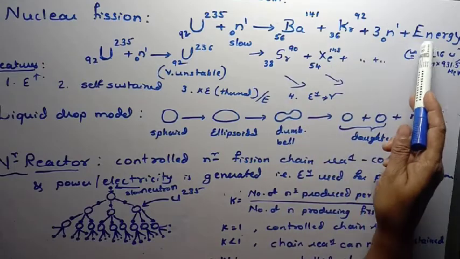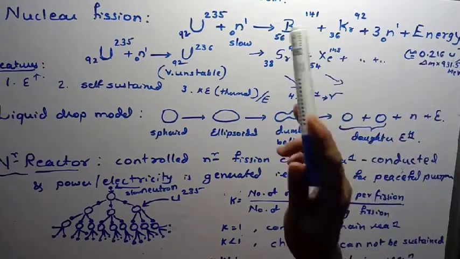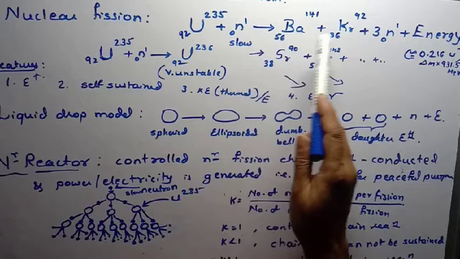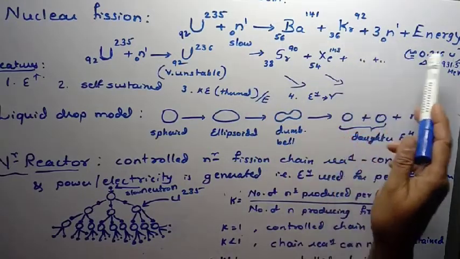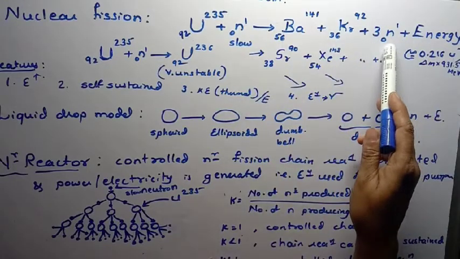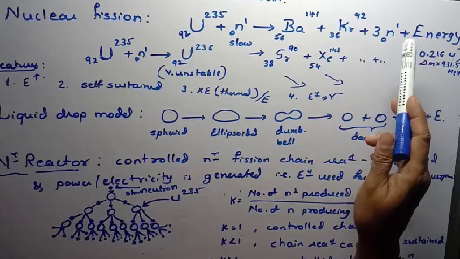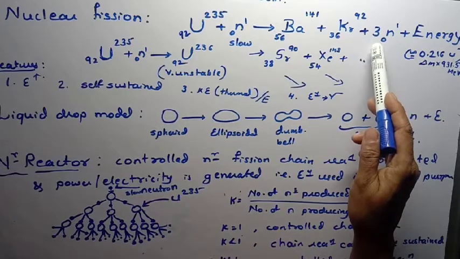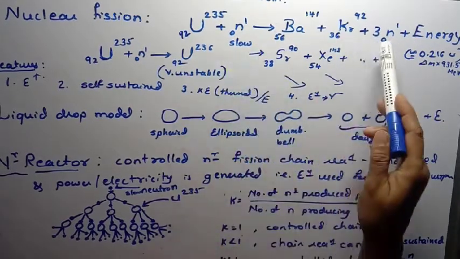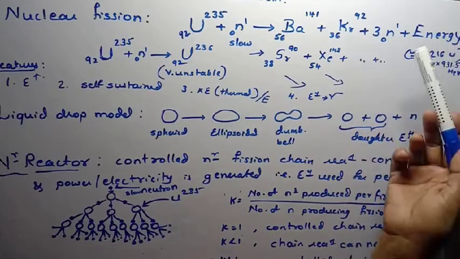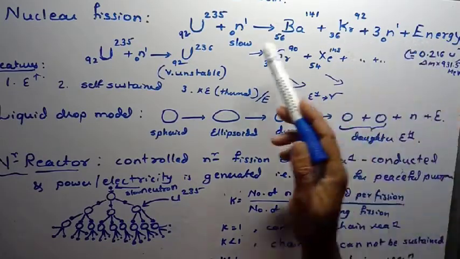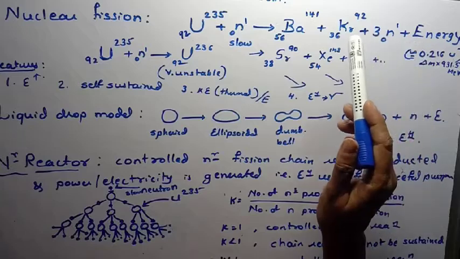That means the energy liberated is used to run the reaction. Okay, and in each step new elements will be formed. In each step a number of neutrons are liberated. Usually the number of neutrons liberated in nuclear fission varies from 1, 2, 3, 4, or a maximum of 5 neutrons are also liberated during fission reactions.